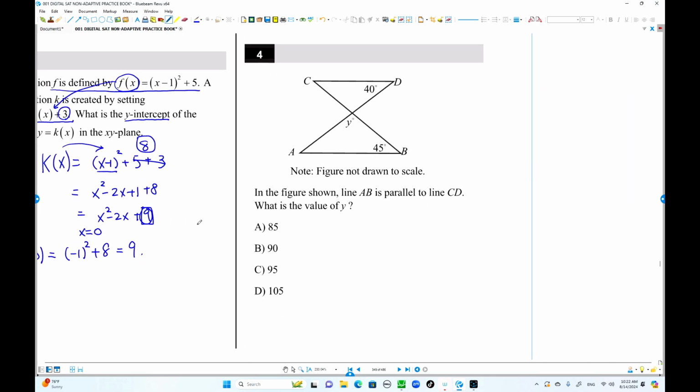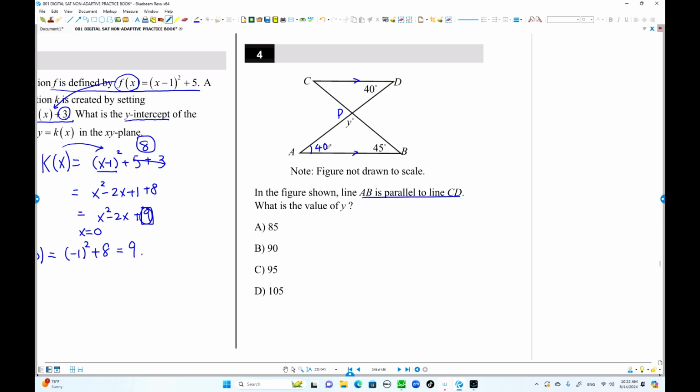Here is number 4. Two lines are parallel. AB and CD are parallel. That means what? These two triangles, CDP and APB, or ABP, are similar. All right, we already know that, because this is a 40, this is a 40, right? Alternate interior angles are congruent.